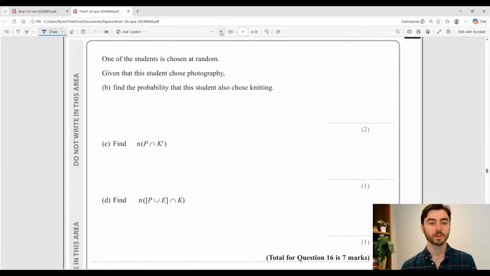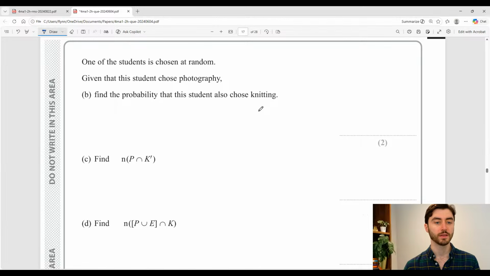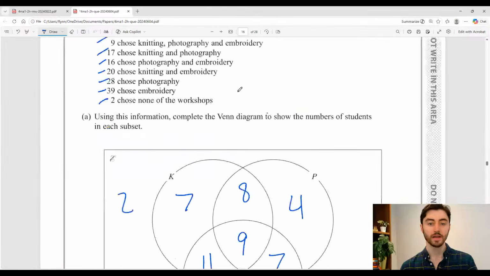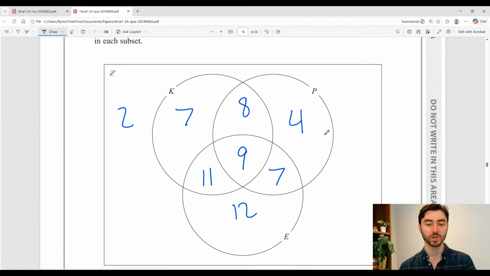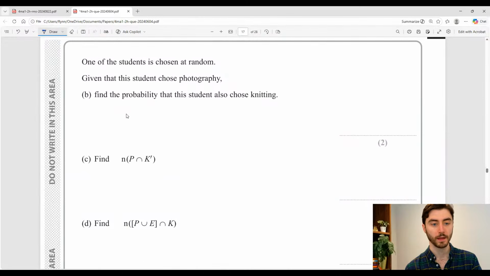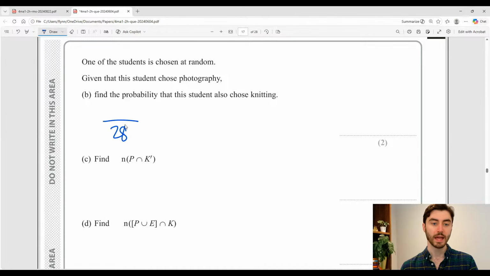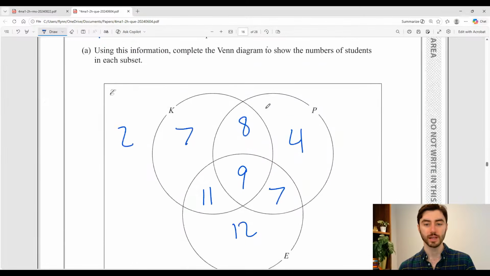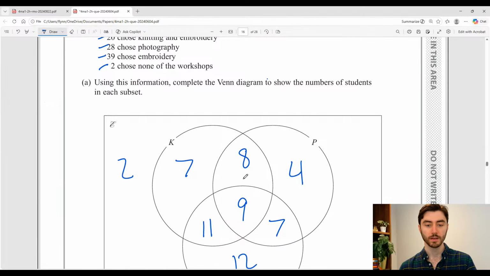So one of the students is chosen at random. Given that this student chose photography. So out of these guys who chose photography, so out of these 28 people who chose photography, how many also chose knitting? 17 did.